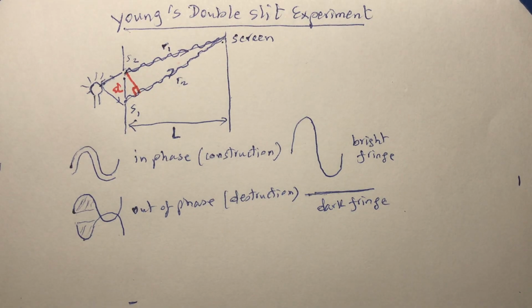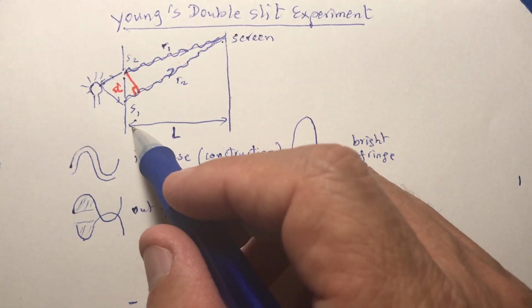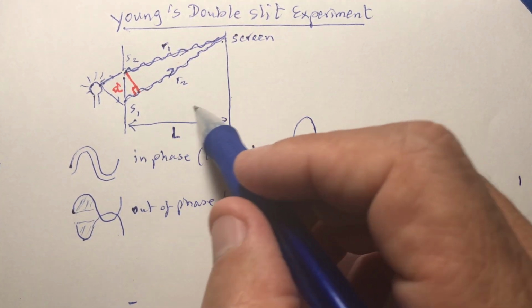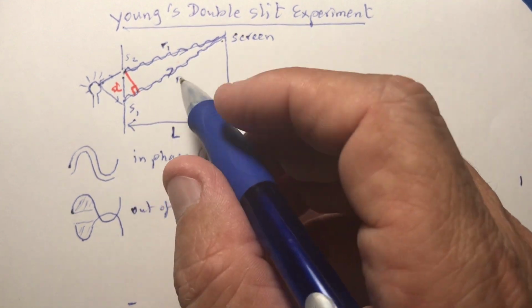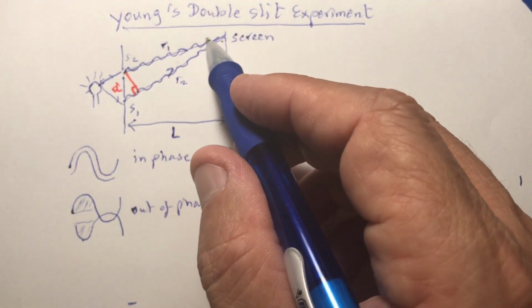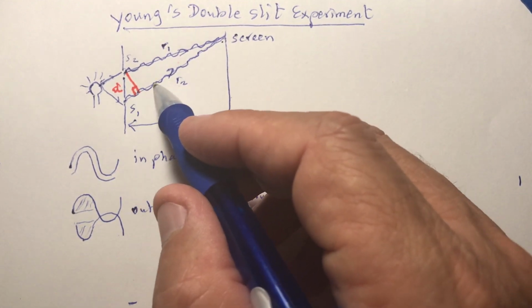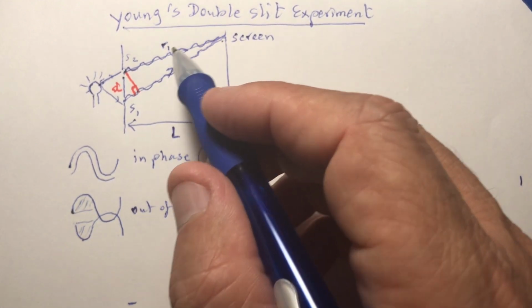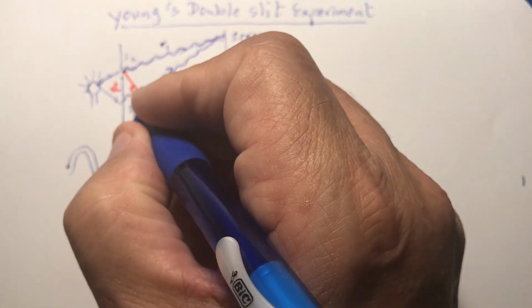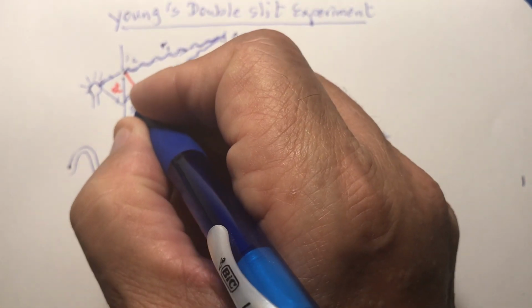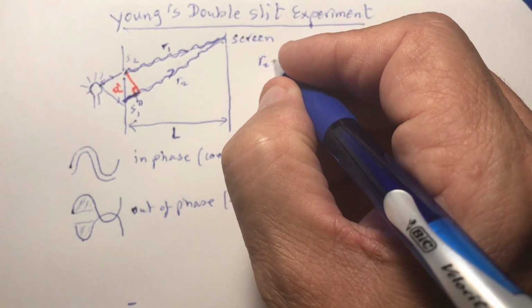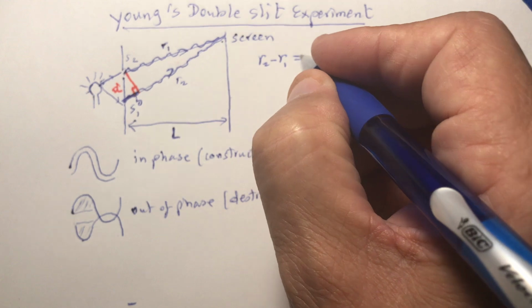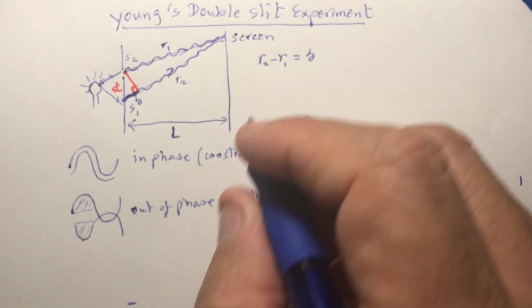Because this L is really big compared to the wavelength, we can say that this distance here is this one minus that one. Let's call that distance delta. So we can say R2 minus R1 is equal to delta.